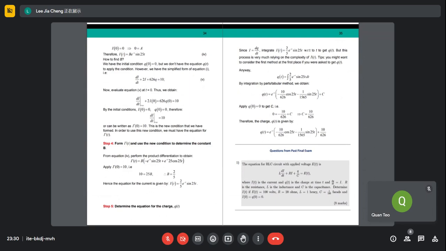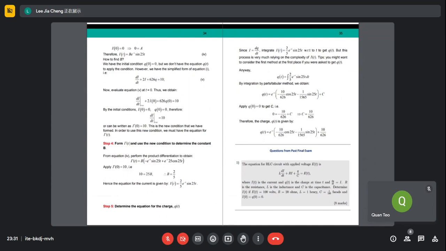If we substitute i equals 0 and q equals 0 at t equals 0, then di/dt at t equals 0, plus 2i which is 0, plus 626q which is also 0, is equal to 10. Hence di/dt at t equals 0, that is i prime of 0, is equal to 10.